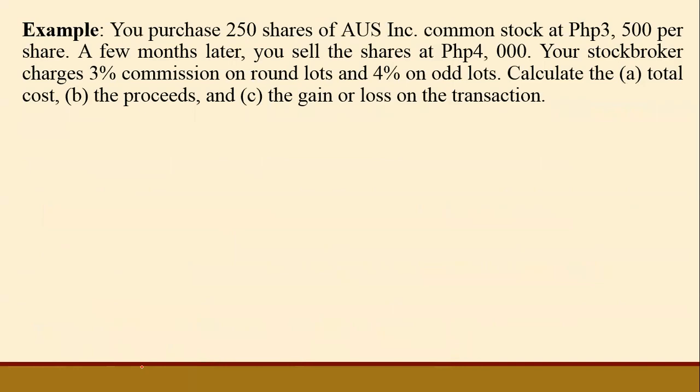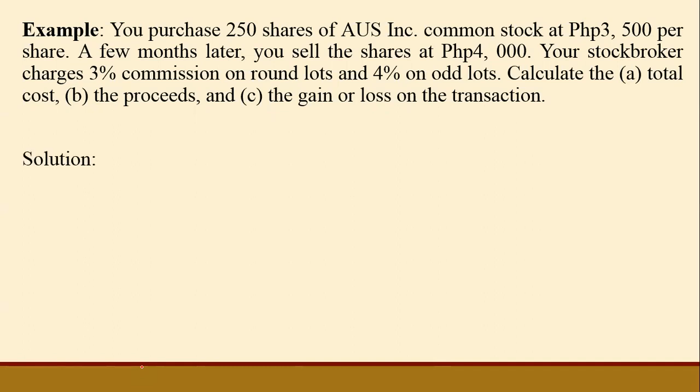Example: you purchased 250 shares of AUS Incorporated common stock at 3,500 pesos per share. A few months later, you sell the shares at 4,000 pesos. Your stockbroker charges 3% commission on round lots and 4% on odd lots. Calculate the total cost, the proceeds, and the gain or loss on the transaction.